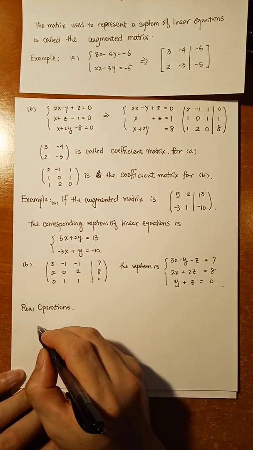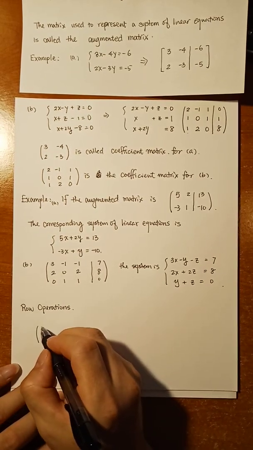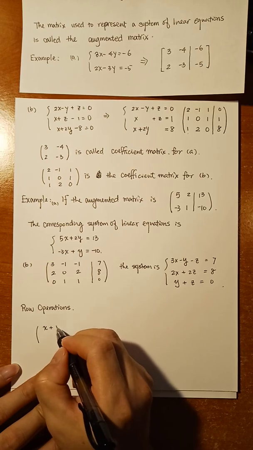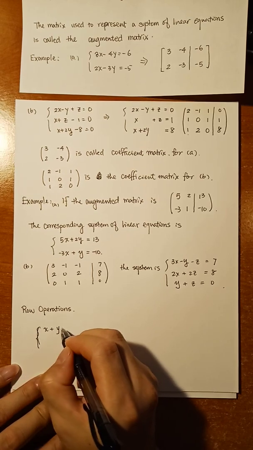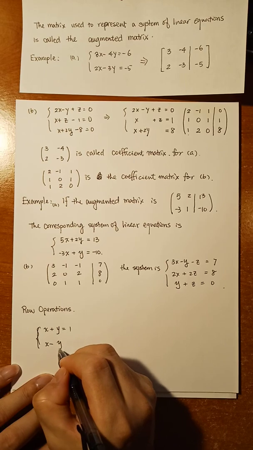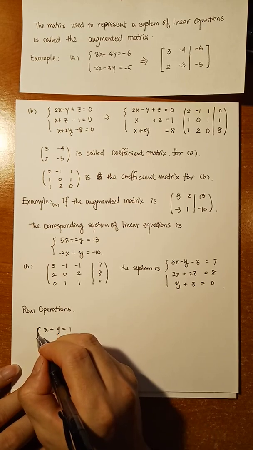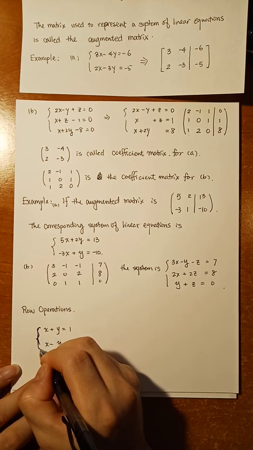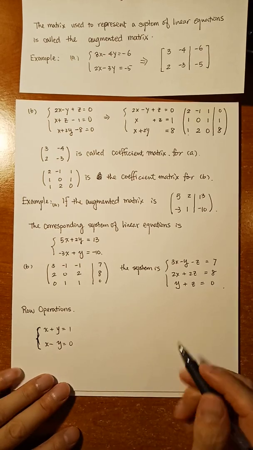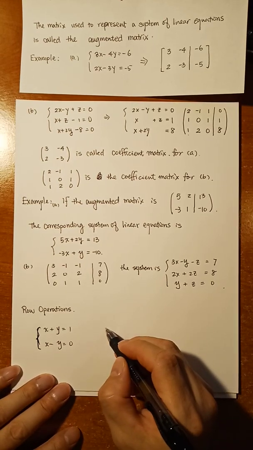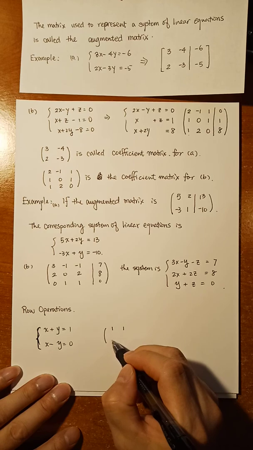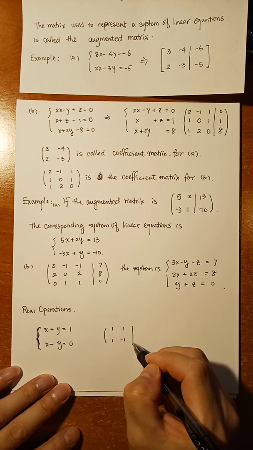Let's just get the simplest case. Let's put x plus y is 1, x minus y is 0. Let's just select a simple example. So the corresponding matrix is this one: 1, 1, 1, -1, vertical segment, 1, 0.